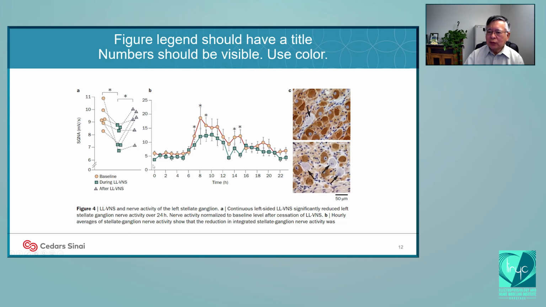And finally, when you make figures, try to use colors. In the very old days, when the journals were all print and black and white, we discouraged using colors. The reason is that when you put it into the copier, when it comes out, it becomes gray, and you can't tell the shades of gray from one to the other after it goes through the copying machine.